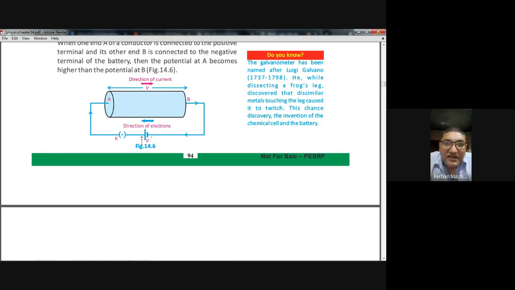For example, if 2 ampere current is coming out of the battery, 2 ampere current is supposed to go back to the battery. You understand? So if 10 coulomb charge is coming out of the battery, the 10 coulomb charge is supposed to go back to the battery.